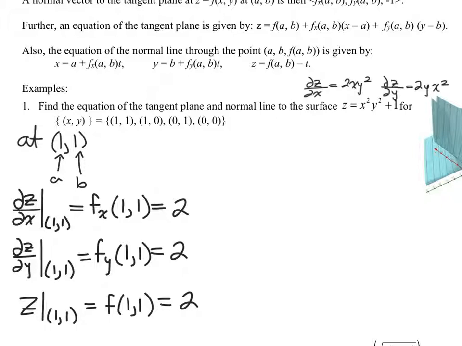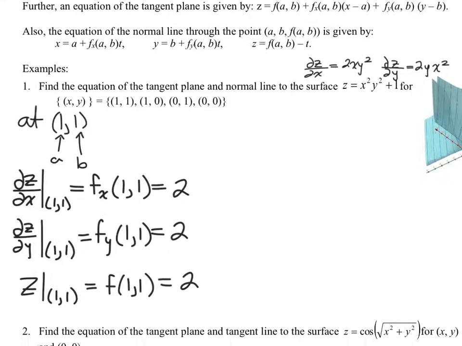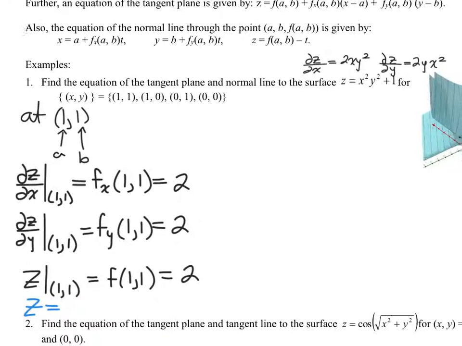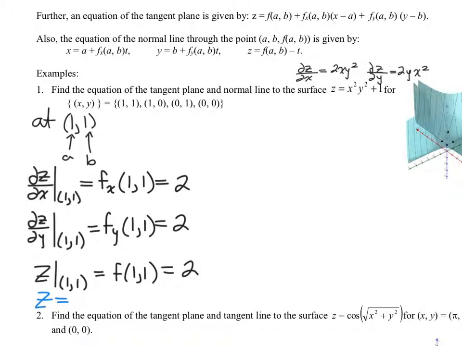So we have everything we need to write the equation of the tangent plane. So z is going to be equal to our f of a comma b, which we already figured out is 2, plus the partial with respect to x, which is 2, times x minus a.